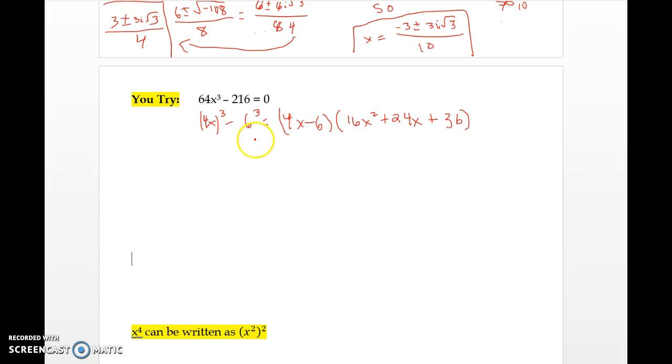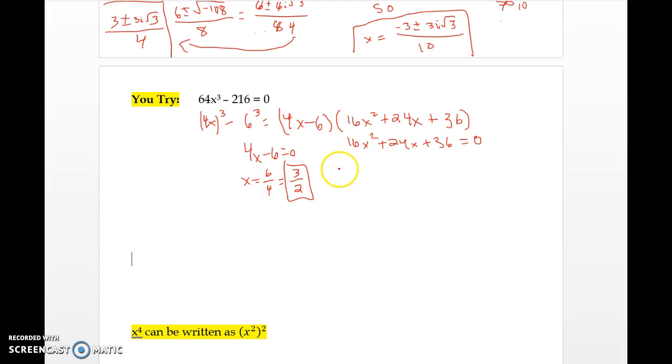Then we set each of them equal to 0. 4x minus 6 equals 0. So x equals 6 over 4, and you always reduce your fractions to equal 3/2. And then we have 16x squared plus 24x plus 36 equals 0.